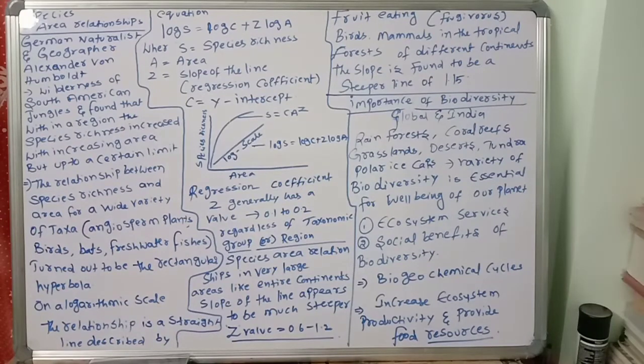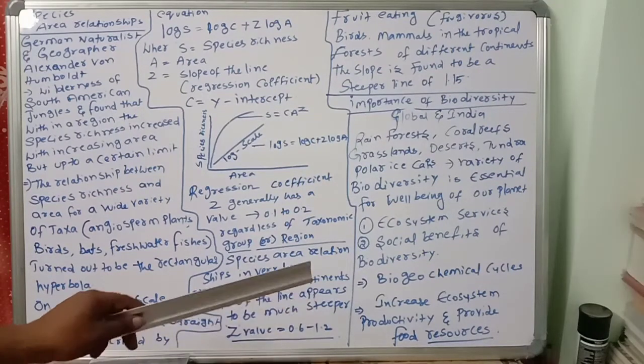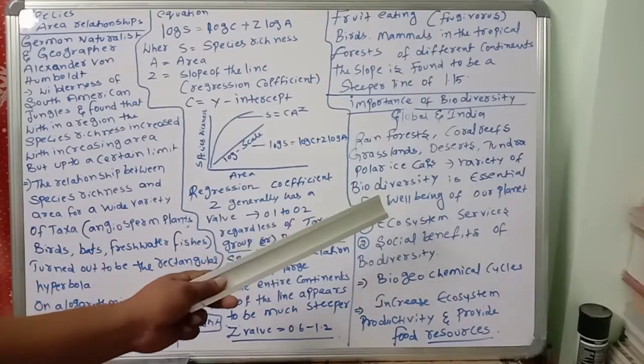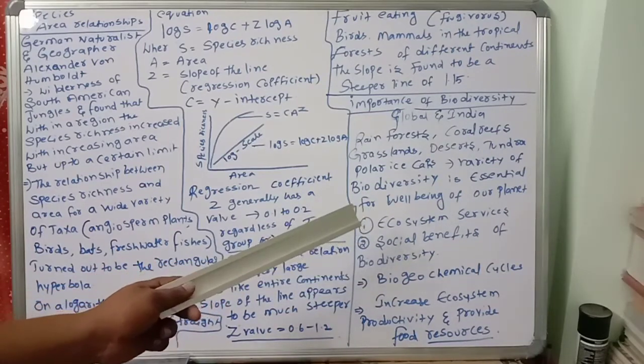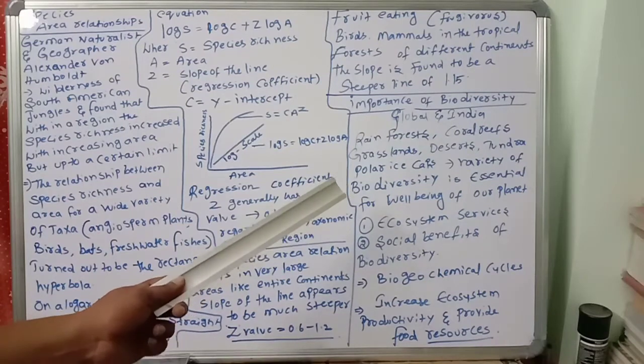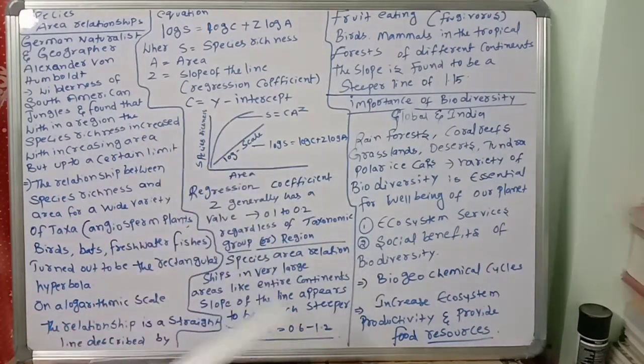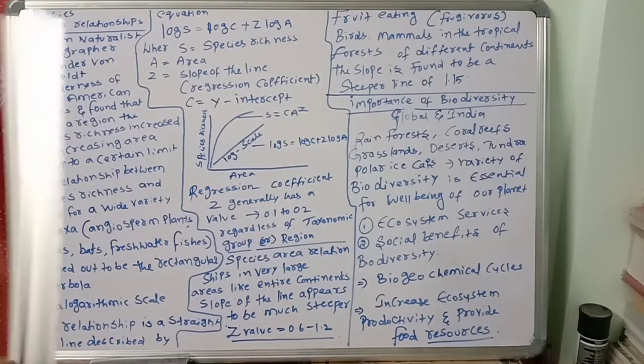What kind of biogeographical regions? Trans-Himalayan region, Himalayas, Indian deserts, semi-arid zones, Western Ghats, Deccan Peninsula, Gangetic Plains, Northeast India, like the different biogeographical regions of India. That will be discussed in the next class.